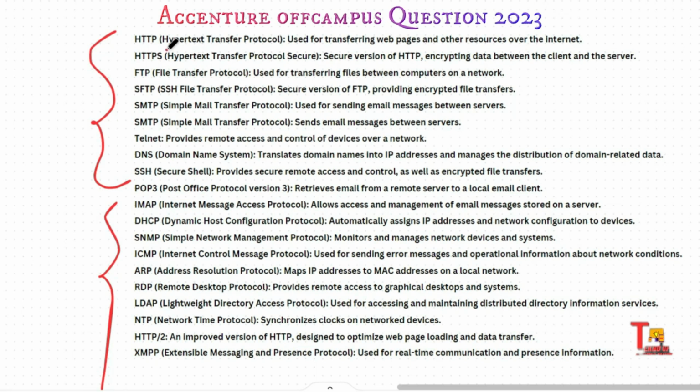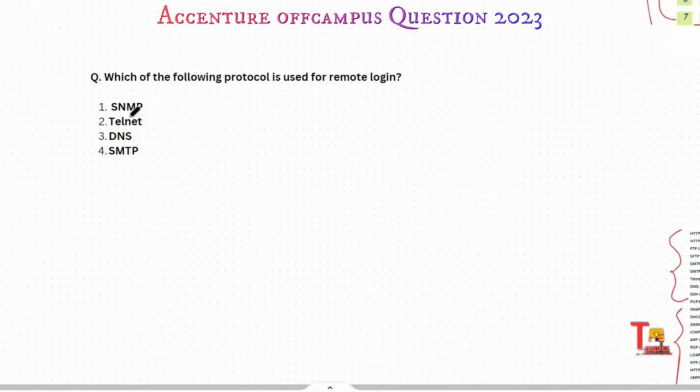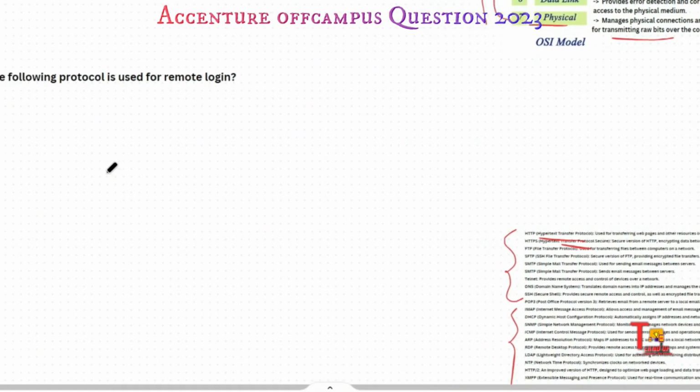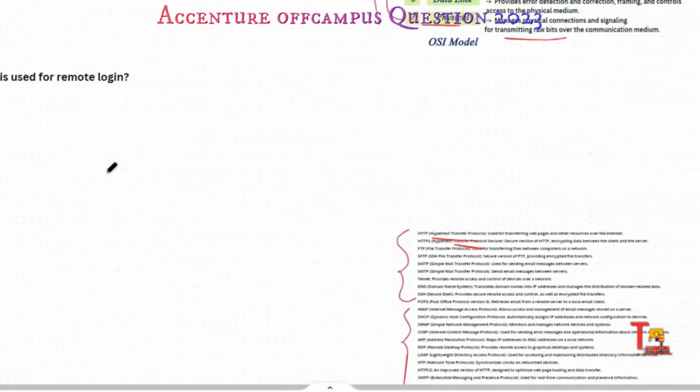So I am not reading the functions of all protocols, just remember this. And we have been asked about Telnet, SNMP, DNS, and SMTP, right? So what are the functions of SNMP, Telnet, DNS, and SMTP?